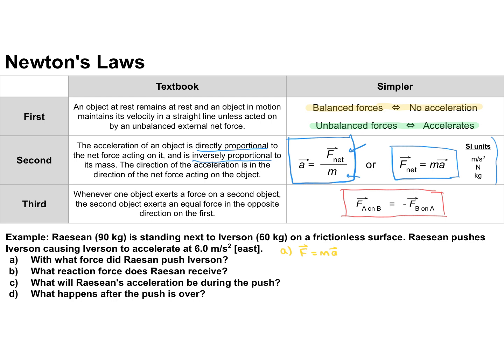We're talking about Iverson's acceleration, so I'll circle them in the same color here. Iverson is the one who accelerates at 6 meters per second squared. So in the formula, we're going to plug in Iverson's mass, 60 kilograms, not Rayshawn's mass.